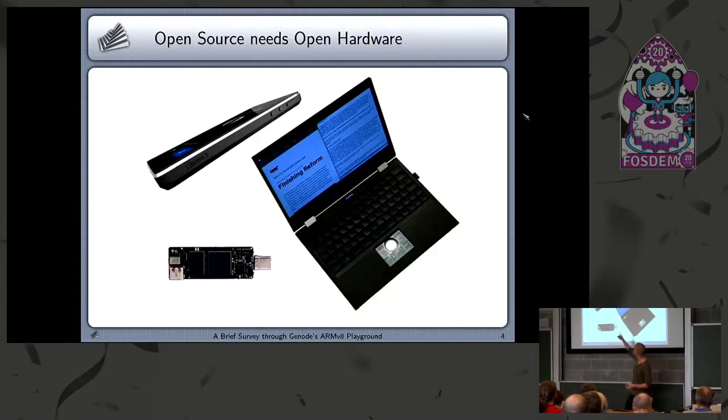And we have this ARMv8 smartphone, which uses the same system on chip as the MNT Reform. So it's an ARMv8 NXP system on chip. And again, what they try to achieve is giving back control to the user, getting a smartphone which is mostly blob-free as far as they can get with it.